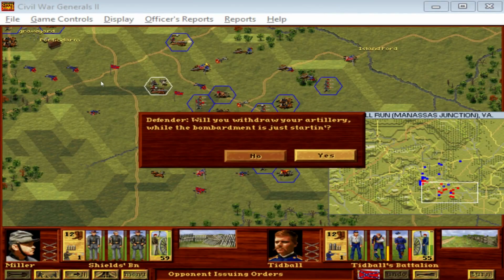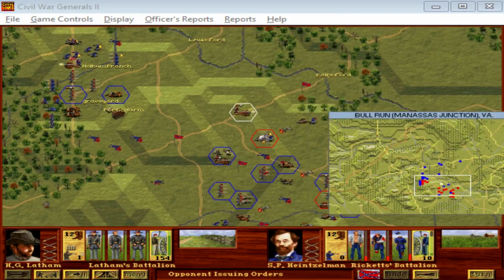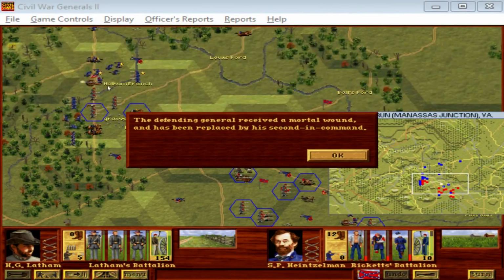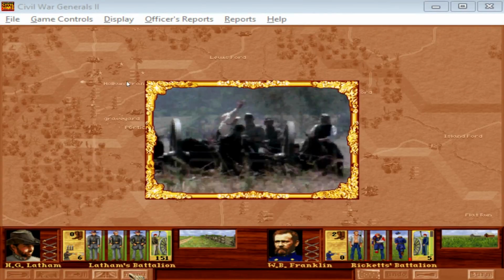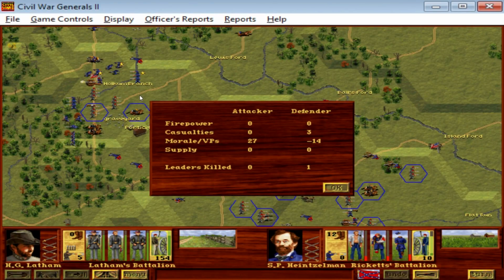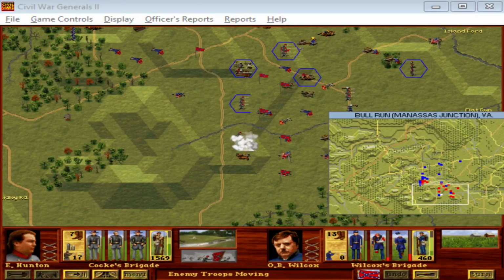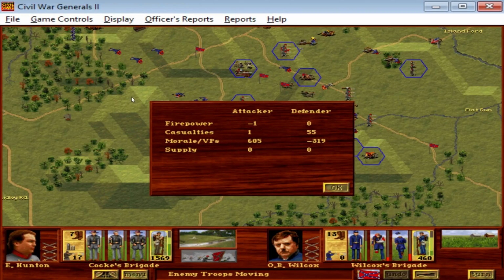McDowell forms a reserve line of a couple of brigades that hadn't been engaged, only to be swept up in the chaos and confusion of a retreat. I believe at least one congressman was captured by the Confederates, and the roads are clogged. Just a horrible and terrifying experience. The Union is beaten. The Union is driven back.